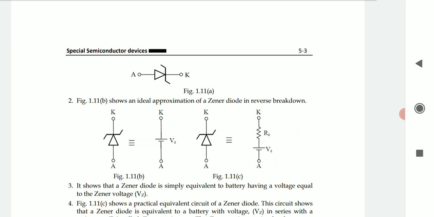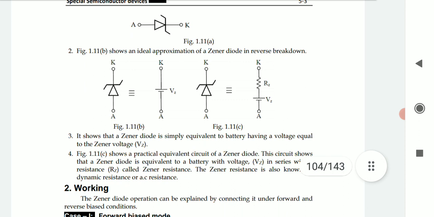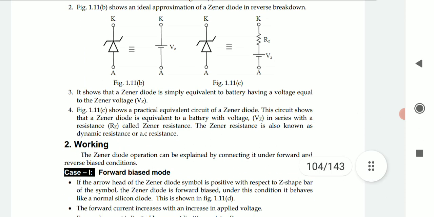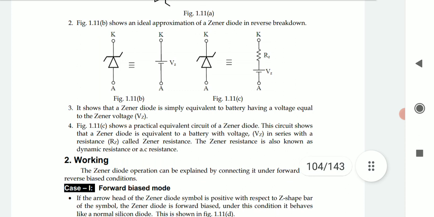The n-type material looks like a capital Z. The p-type material is as usual as in p-n junction diode. Here is simply the equivalent circuit for Zener diode, A means anode, K means cathode, and the equivalent of this is VZ, Zener voltage VZ.